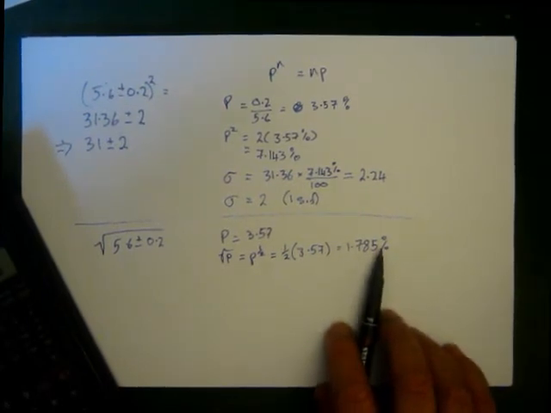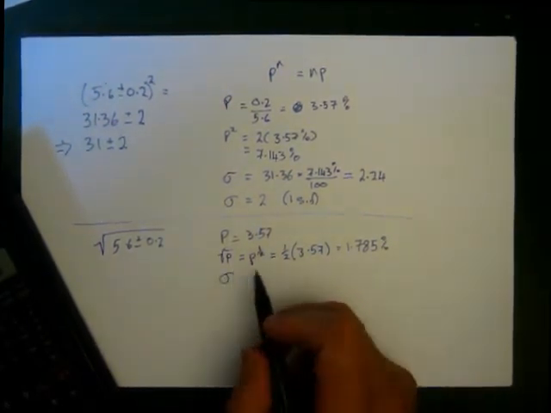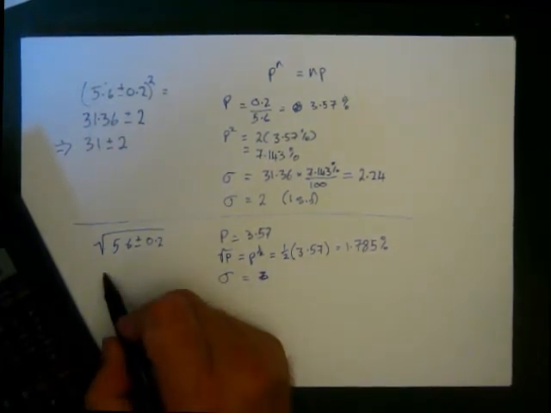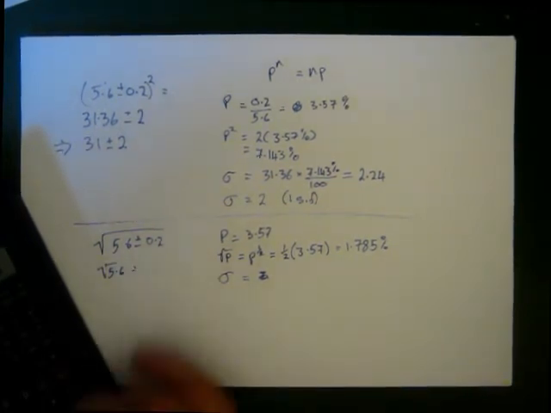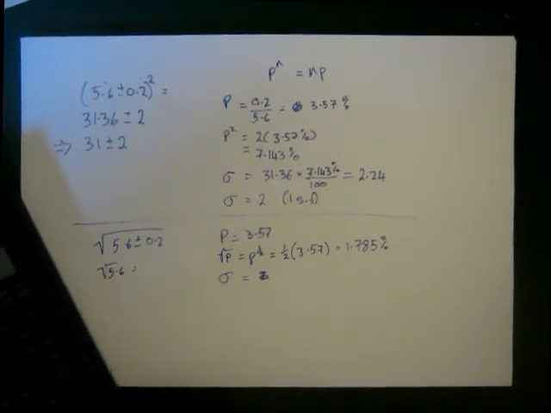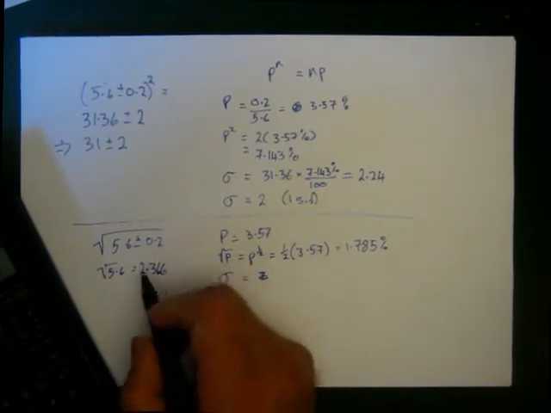And then we do the same thing. So the absolute amount, we work out what the square root of 5.6 equals. Square root of 5.6 equals 2.366.